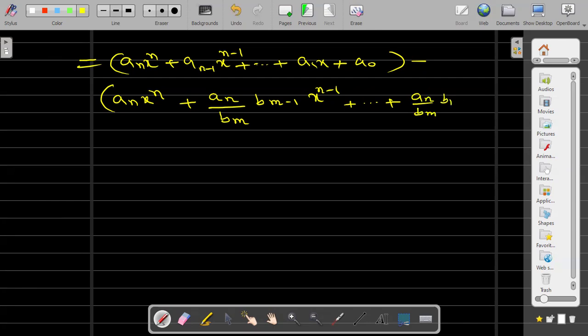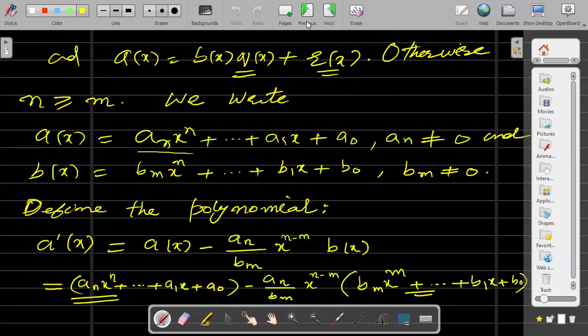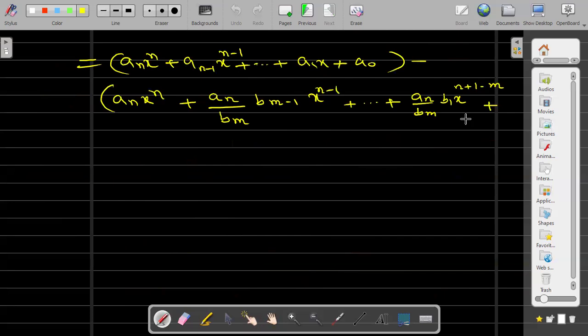Then we have b_1 x power n plus 1 minus m, and then the final term, the constant term. This is here a_n by b_m x power n minus m and b_0, plus a_n by b_m, then we have b_0 x power n minus m.